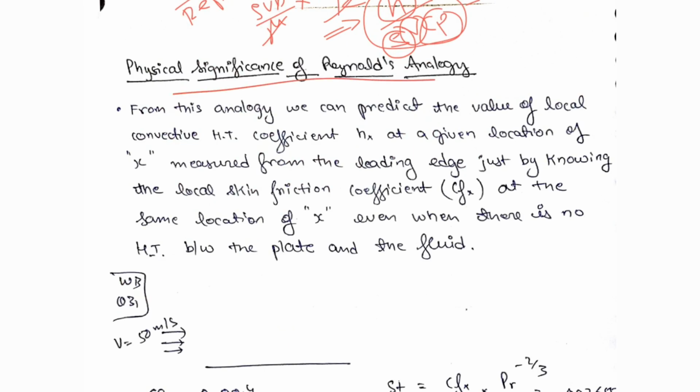That is, you can find the value of the convective heat transfer coefficient at any x measured from the leading edge by knowing the local skin friction coefficient at the same location x, even when there is no heat transfer between the plate and the fluid. Even if the problem does not give you any information about heat transfer, such as the temperature of the flat plate or the ambient, and directly asks you the value of hx, and gives you the values of Cfx and rho v cp, you can easily find the value of h from these terms.